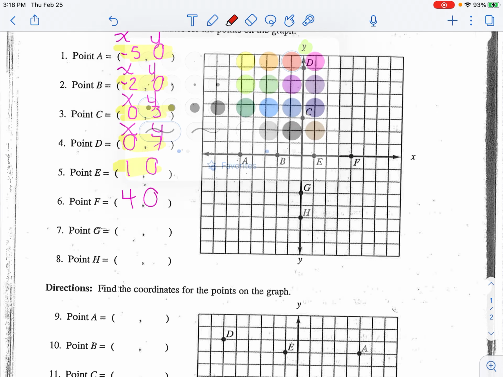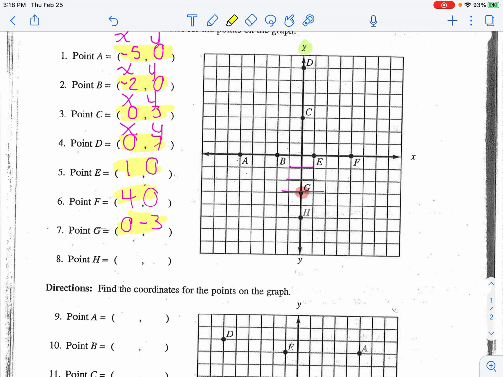Point G, right here on the y-axis. So for point G, they did not move right or left, so the x value is going to be 0. But they did go down on the y-axis -1, -2, -3.